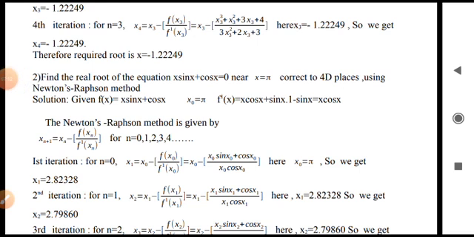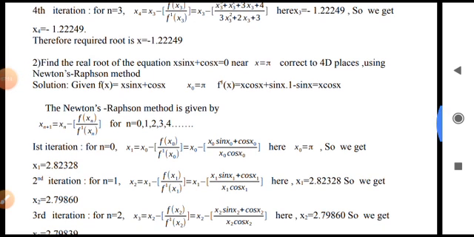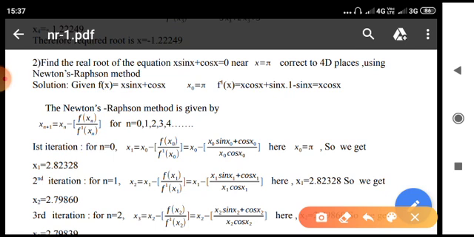Now the second problem: find the real root of the equation x sin x plus cos x is equal to 0 near x is equal to pi, correct to four decimal places using the Newton-Raphson method. So the solution: the given equation we take as f of x, that is x sin x plus cos x. X naught is given as pi. For f dash of x, we apply the product formula for differentiation.